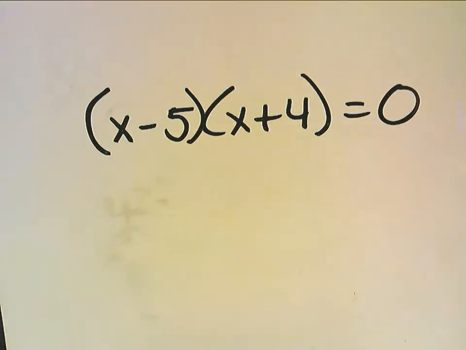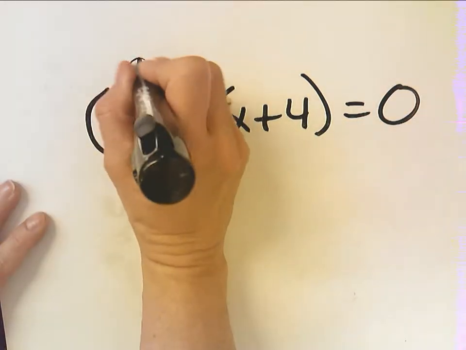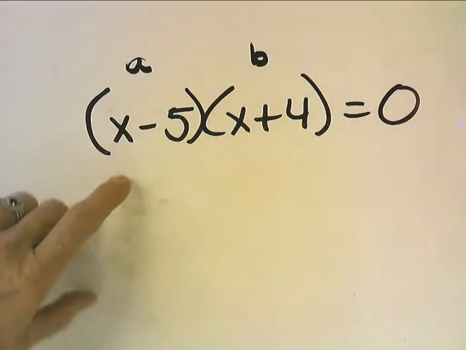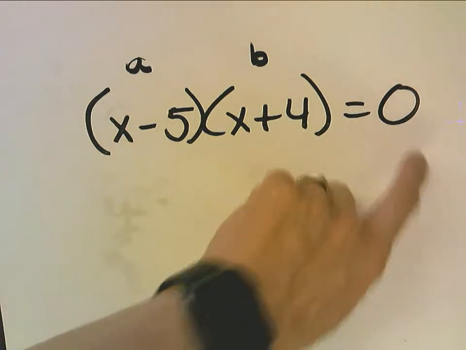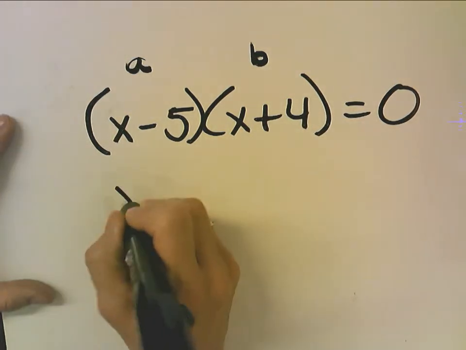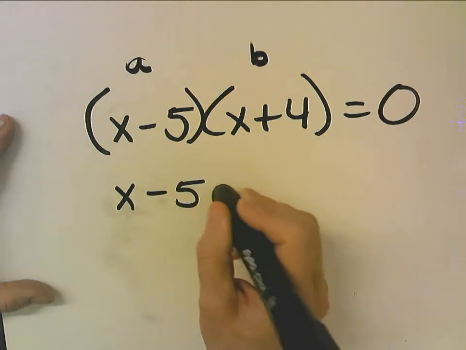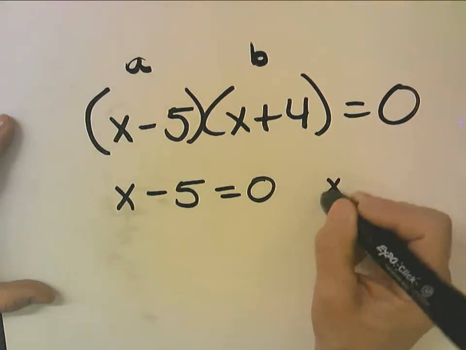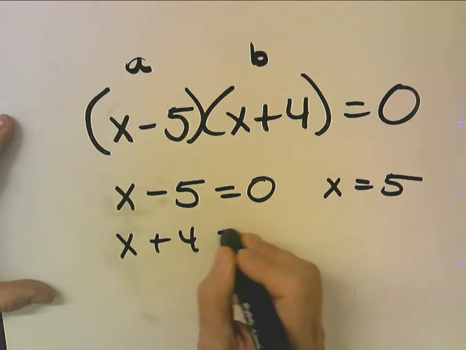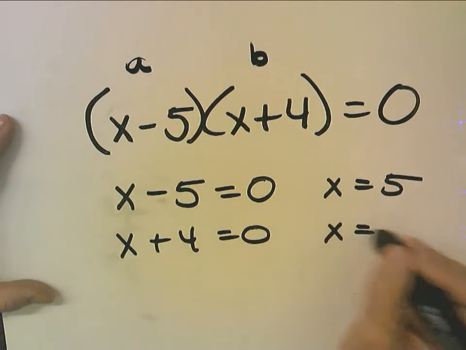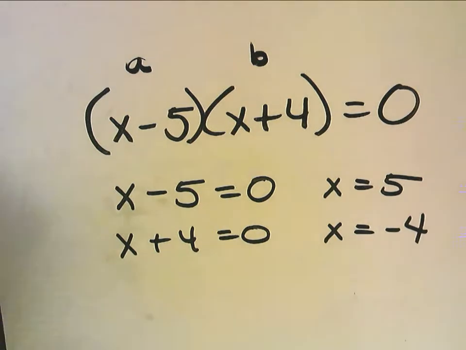So you say, well, this is A, this is B. And I know if A times B equals 0, then either A, which is x minus 5, equals 0, and x equals 5, or x plus 4 equals 0, and x equals negative 4. Okay, does that make sense?